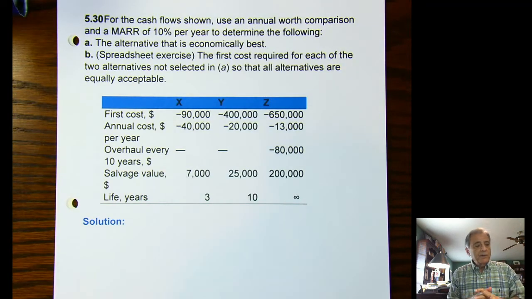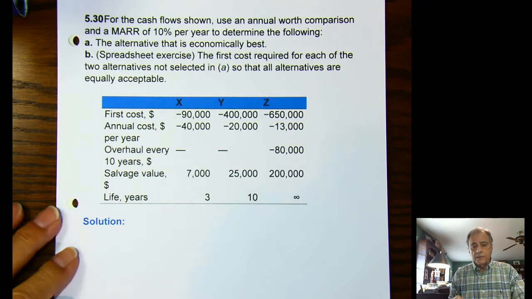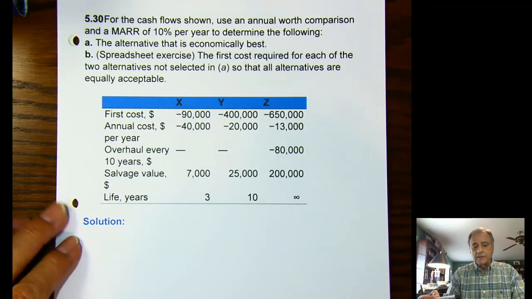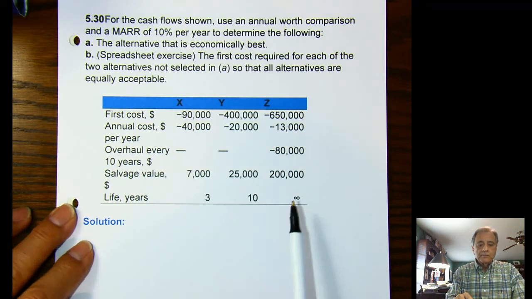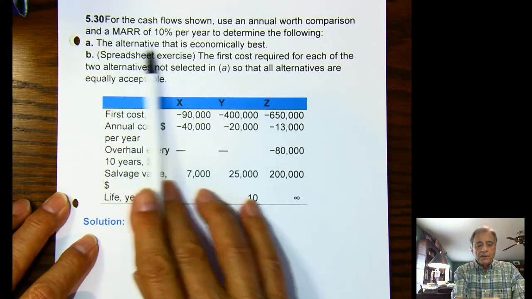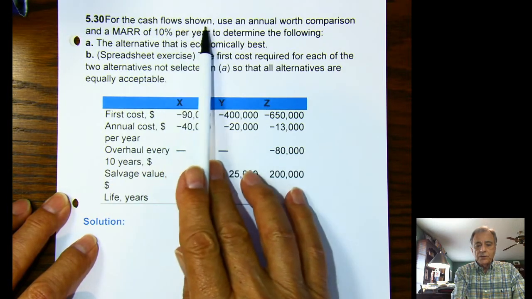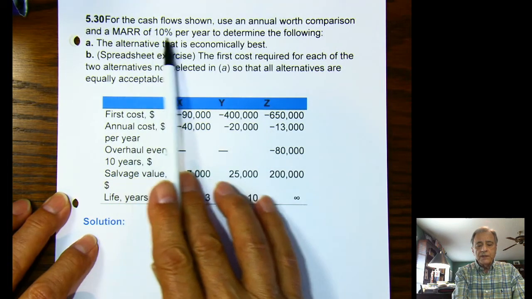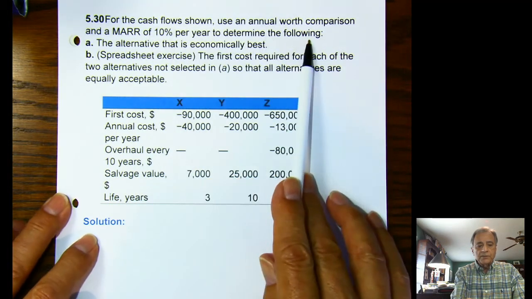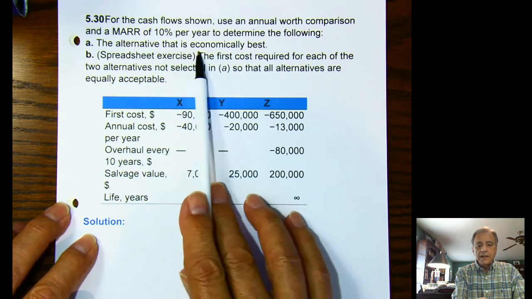Okay, the last problem I'm going to work for you in this essential problem session, which is class 10, has two parts, A and B, and the author wants you to use spreadsheets to solve problem B, but I'm going to show you how to work it without a spreadsheet. The first part, part A: for the cash flows shown, use an annual worth comparison and a MARR of 10% to determine the alternative that is economically best.